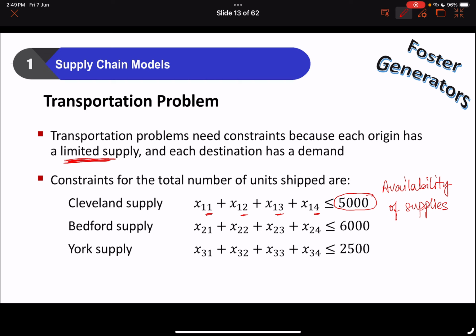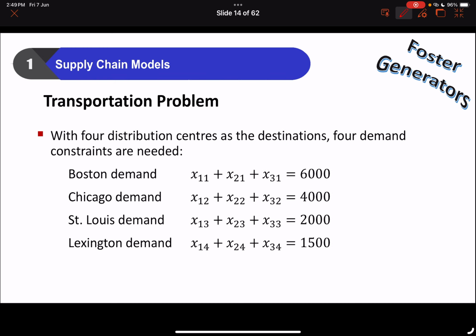There are also constraints at a destination because the destination has a known demand. At the 4 distribution centers, where the demand is known and fixed, we must meet the demand. In the transportation problem, we don't send extra. We must meet demand exactly.